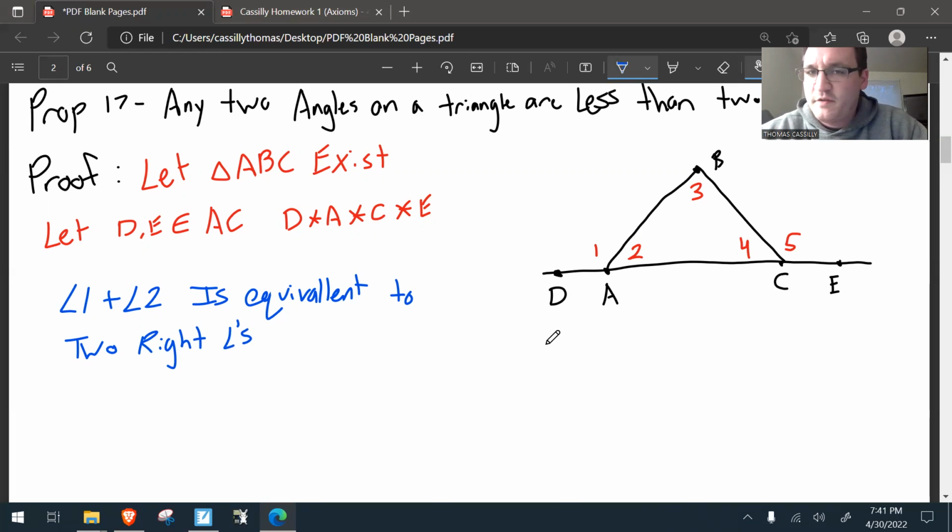The next piece of information we need is Proposition 16. Proposition 16 says any exterior angle will always be greater than the opposite interior angles.